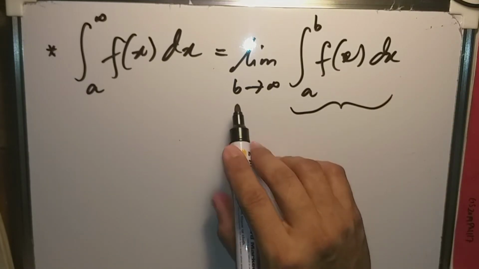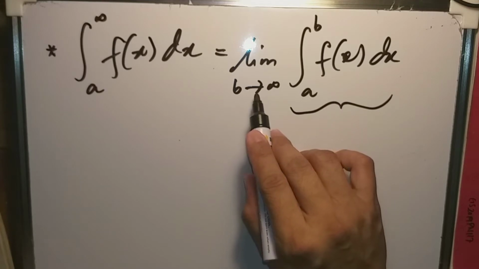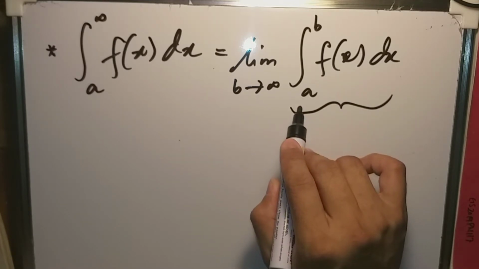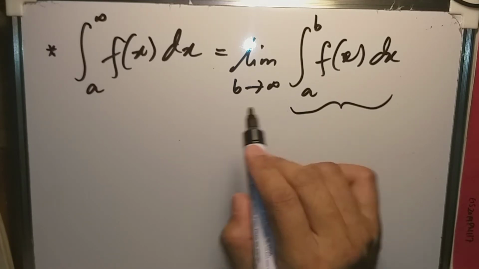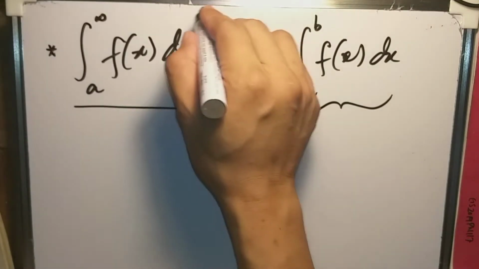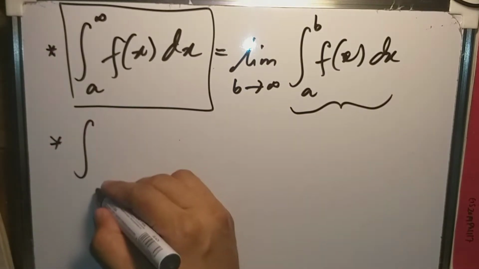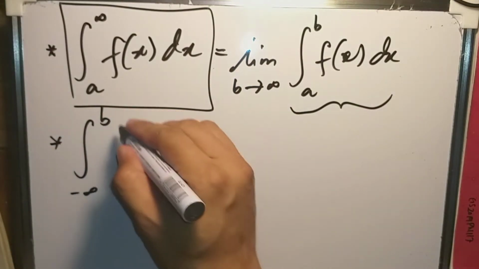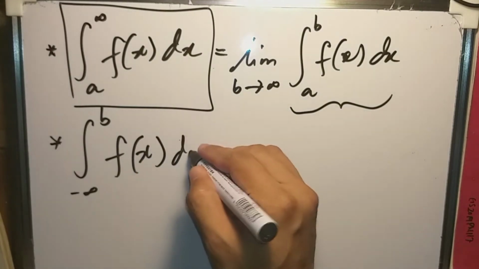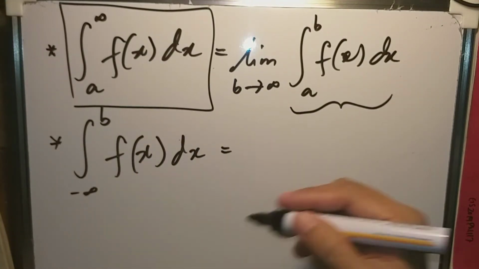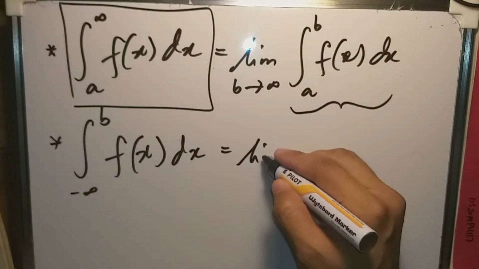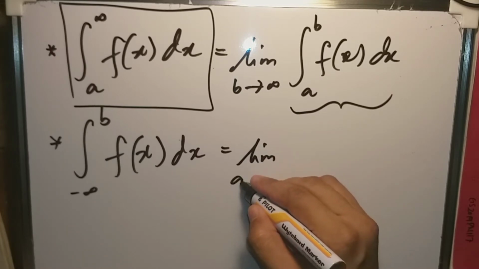Now, by taking the limit as b approaches infinity, we get this expression. Similarly, for integral from minus infinity to b of f of x dx, we can evaluate this using this expression.